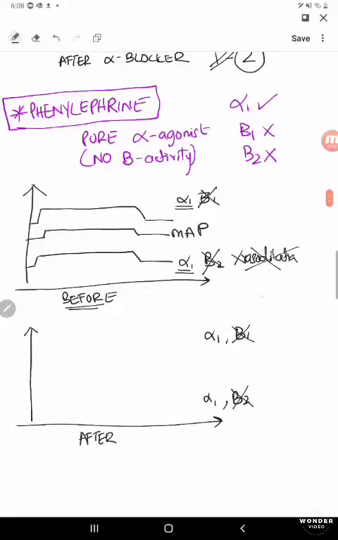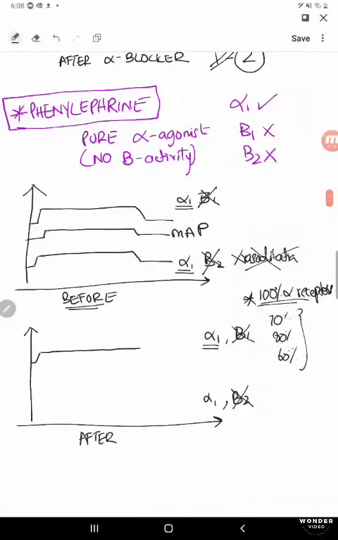For example, we have 100% of alpha receptors, right? So I'm sure after giving alpha blocker, it will not affect all the receptors. It might affect like 70%, 80%, maybe 60%. So there will always be some receptors that are not blocked. Okay, so because of those unblocked receptors, we will see a slight increase in our systolic blood pressure.